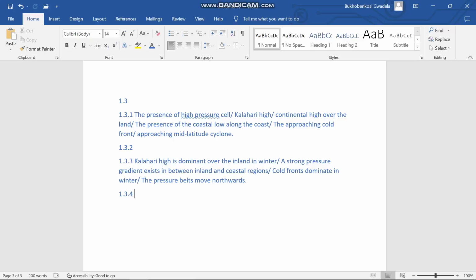And so you can say the extremely hot, dry winds are associated with fire hazard on the farms.